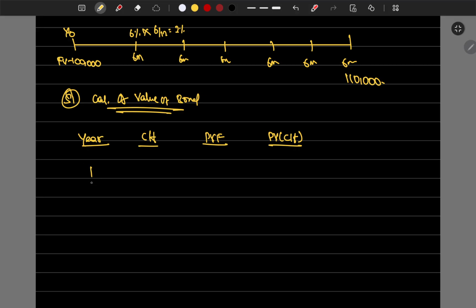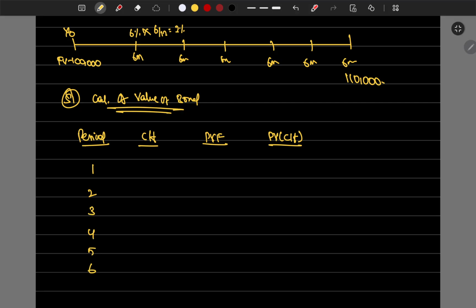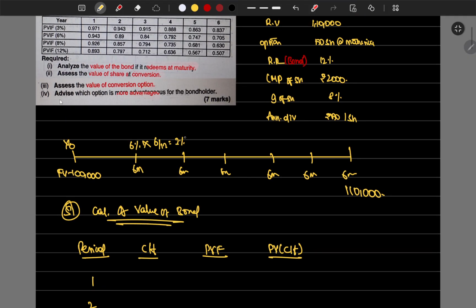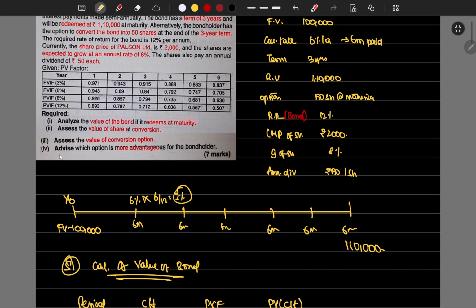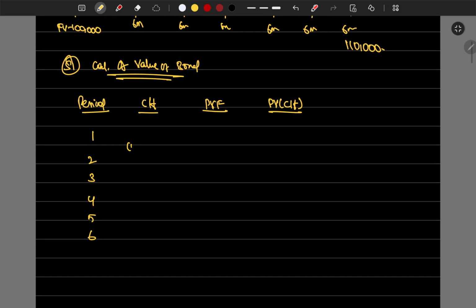The semi-annual periods are 1 2 3 4 5 6. For the semi-annual period, 3% is the interest rate. Face value is 1 lakh, so 3,000 will come, same for all the periods.